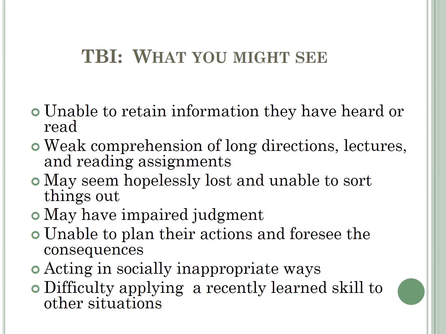They will likely have impaired judgment, and they will also be unable to plan their actions and foresee the consequences. They will likely act in socially inappropriate ways, and they will have difficulty applying a recently learned skill to other situations. People with traumatic brain injury have really difficulty with impulse control.